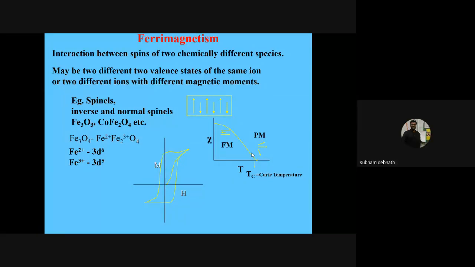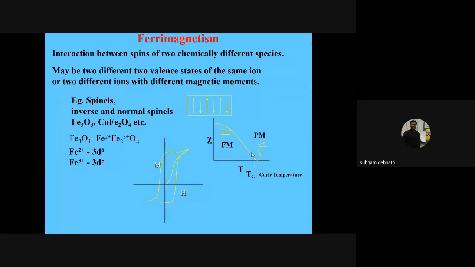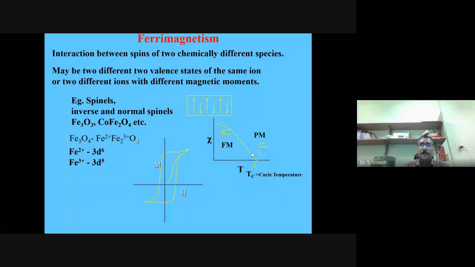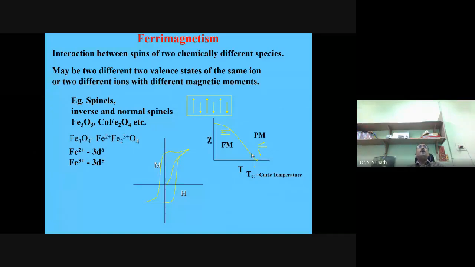So when we truncate it, that is the spontaneous magnetization for a particular domain in the entire material, in the entire solid. Okay.